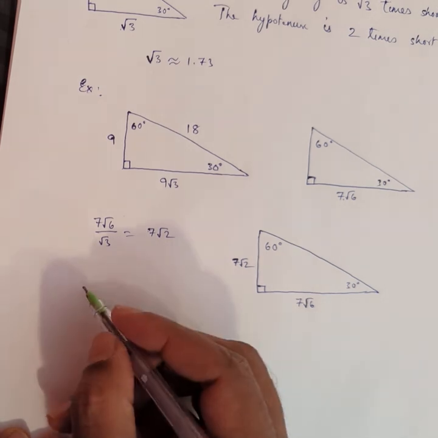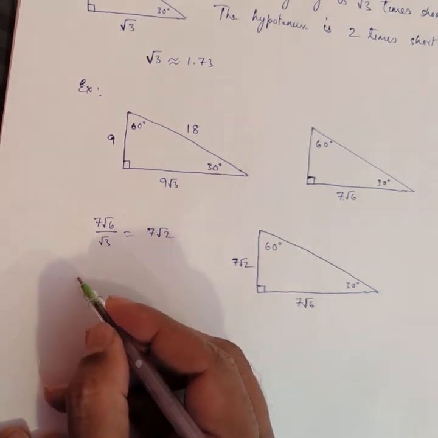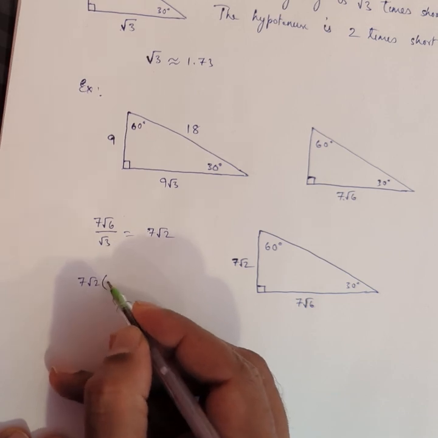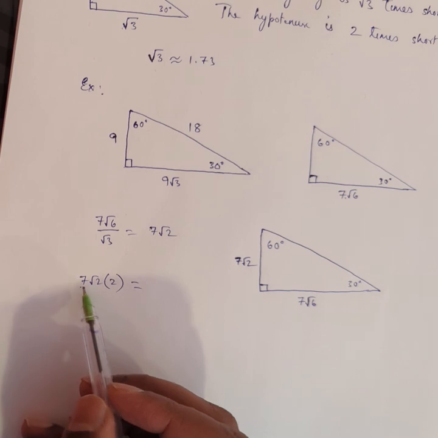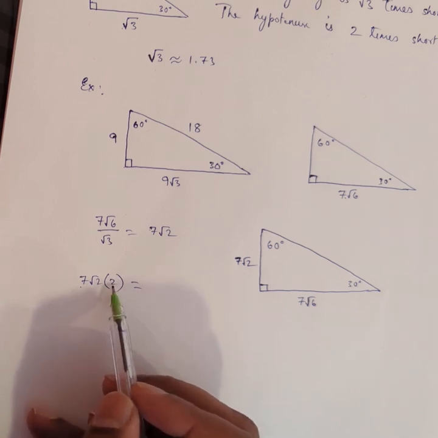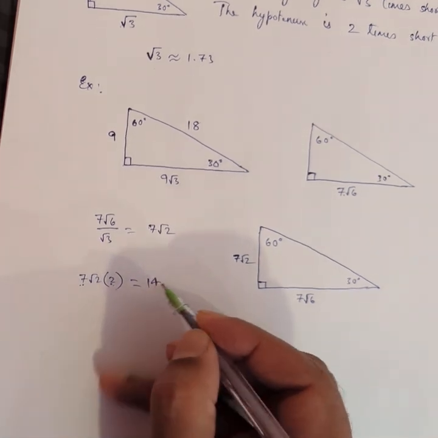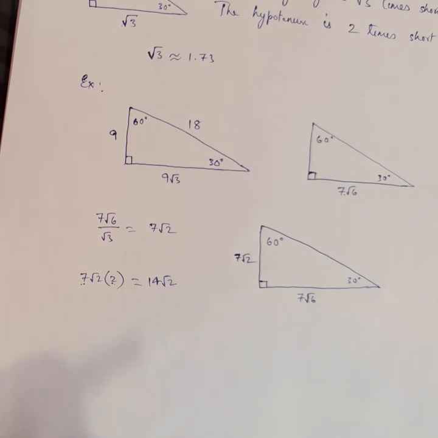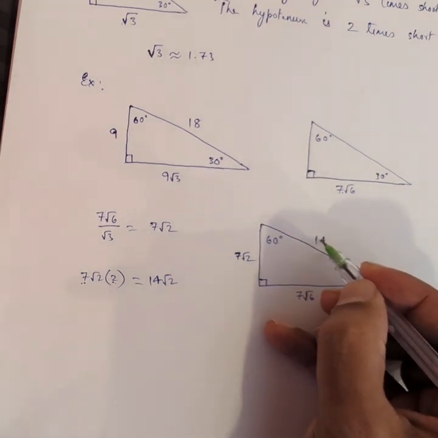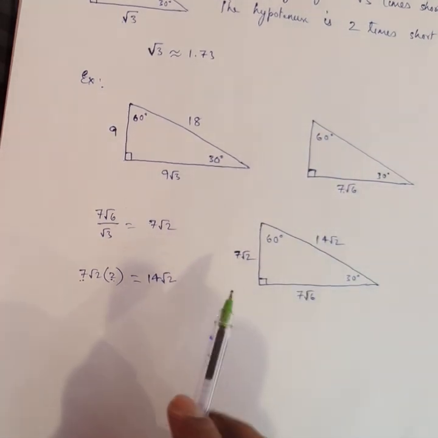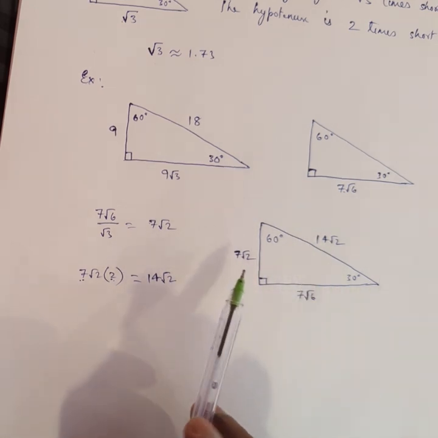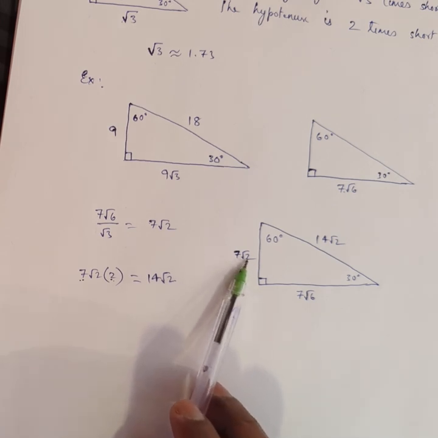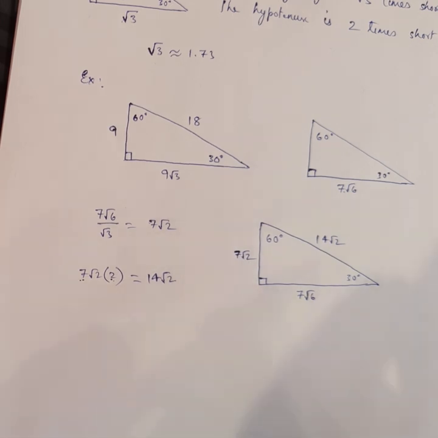The hypotenuse is double 7 root 2, which means you have to multiply 7 root 2 by 2. Now, how do you multiply? Well, this 7 does not have a square root and this 2 does not have a square root. So you multiply this 7 with this 2, you get 14, and then the square root 2 remains in place. So this is 14 root 2. Or you could have said right here, the 7 should become 14 when you multiply by 2. But you don't multiply the 2 with the root 2. You only have to multiply one factor.